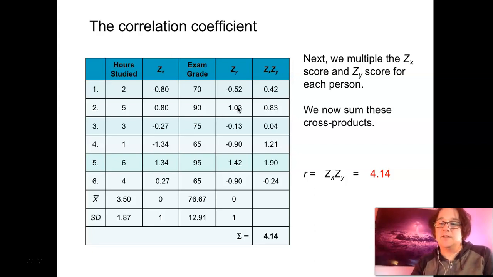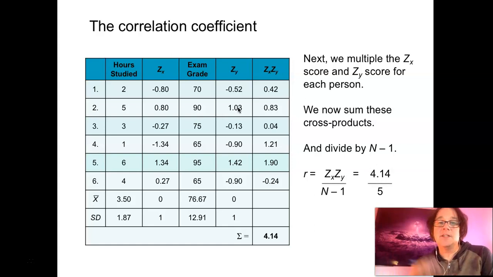All we have to do is divide this by the degrees of freedom. So we know that our degrees of freedom is n minus 1. In this case, we're talking about the number of pairs of scores. So n is 6, n minus 1 is 5. Easy enough. So we take the sum of our cross products, 4.14, divide by 5, and we end up with a correlation coefficient of 8.28.